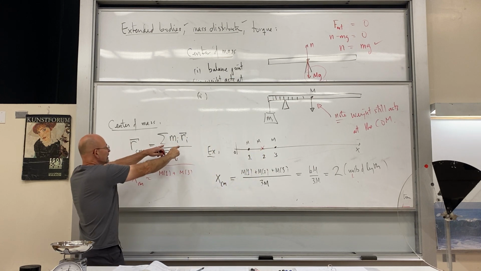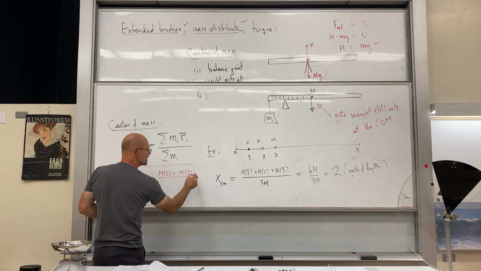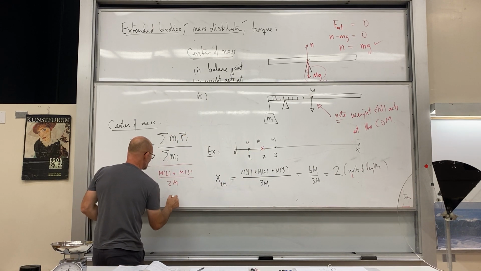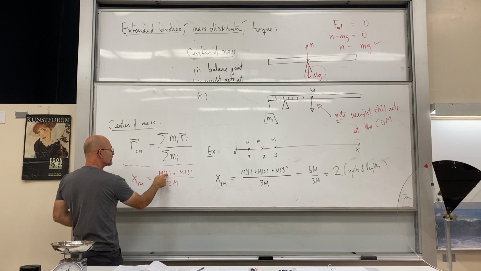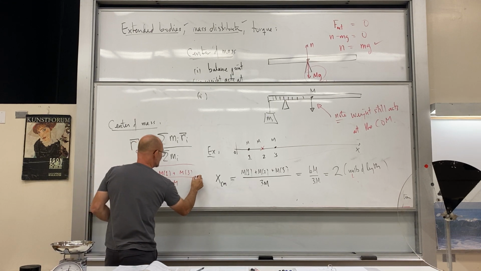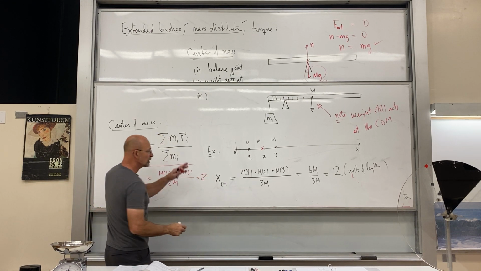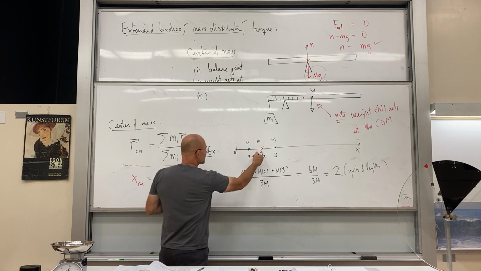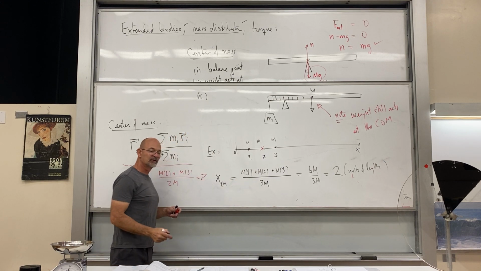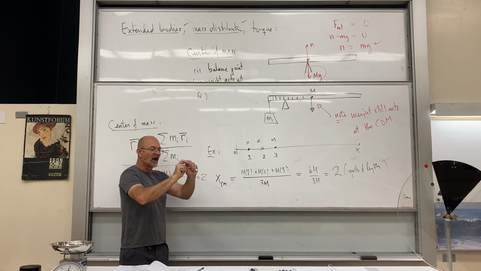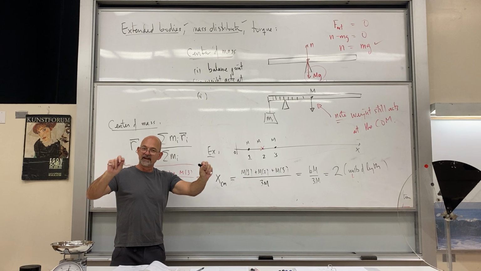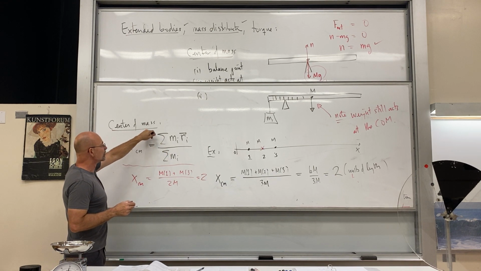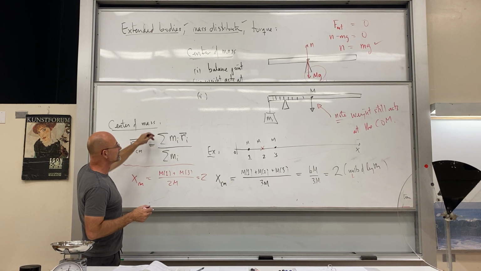I'm just using this formula here, divided by m plus m, which is 2m. And again, you'd see we get 3 plus 1 is 4m over 2m, which is equal to 2 units of length. And that's exactly where the center of mass would be if you had, say, a really thin wire with 2 masses on the ends. It would be right there in the middle. Okay, so you can use this formula to calculate centers of mass.